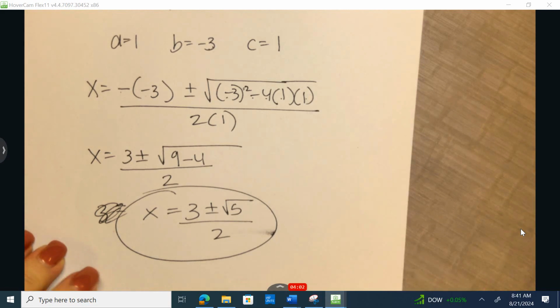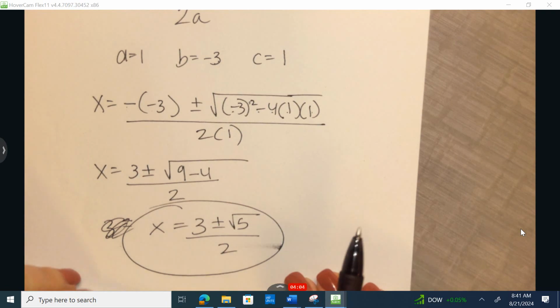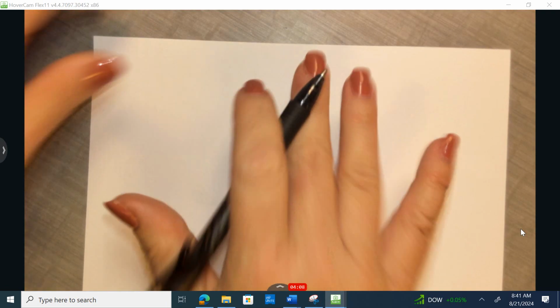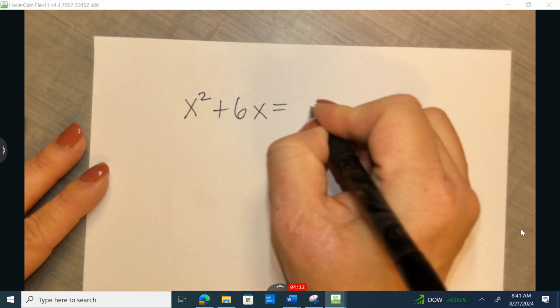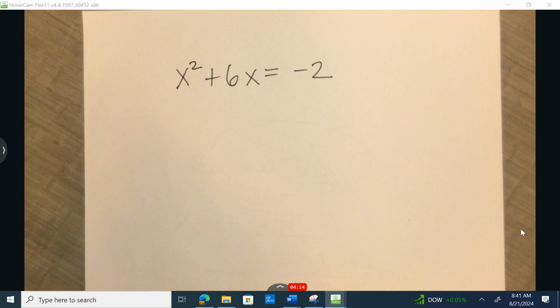Okay, I would like you to try the next one on your own. I do not want decimal answers, so using the calculator is not what I want. I want exact answers, like 3 plus or minus the square root of 5 divided by 2.